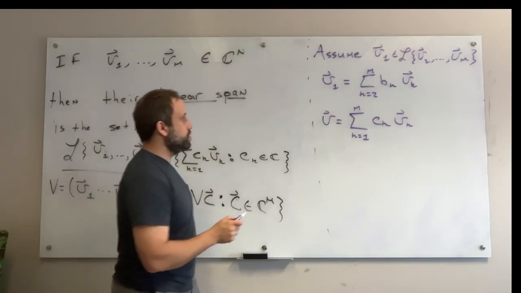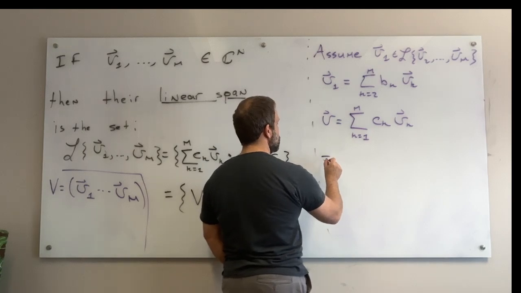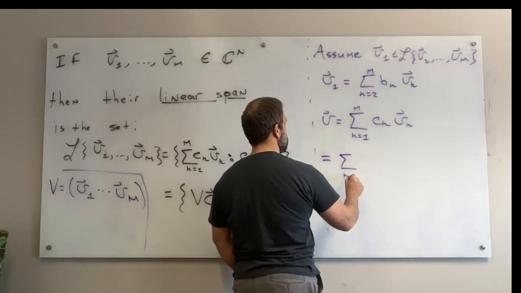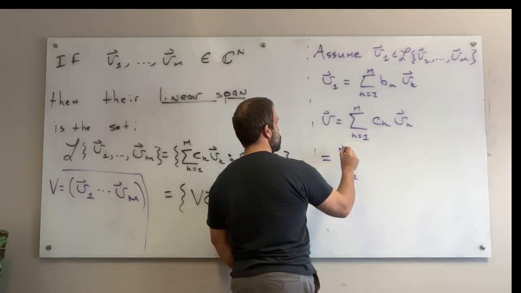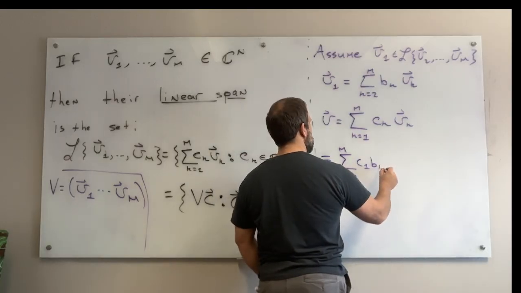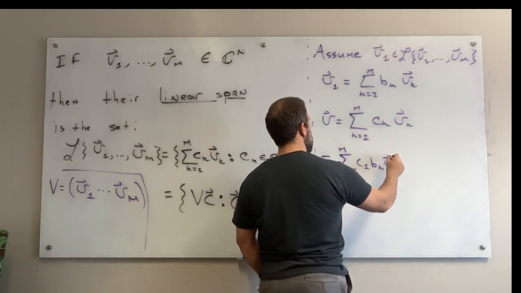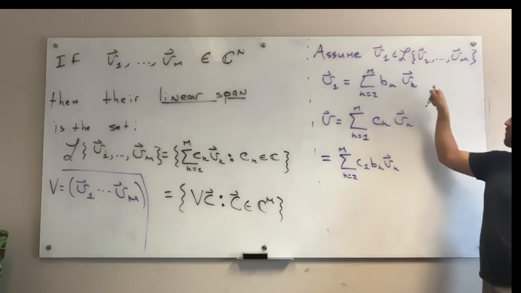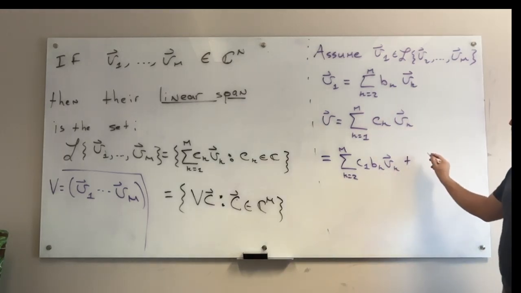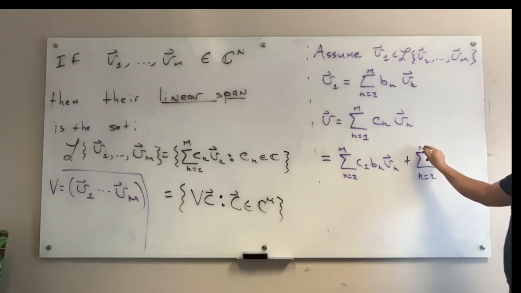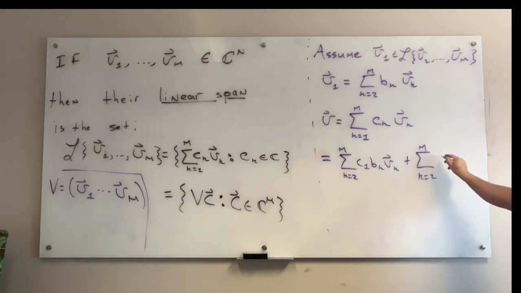But notice what I can do. I can sort of split this apart, and I can look at the v1 term. If I take k equals 1, I have c1 times v1, but I can write v1 in this way, the sum k equals 2 to m of c1 bk vk, and then I'm going to have the rest of them, the sum k equals 2 to m of ck vk.